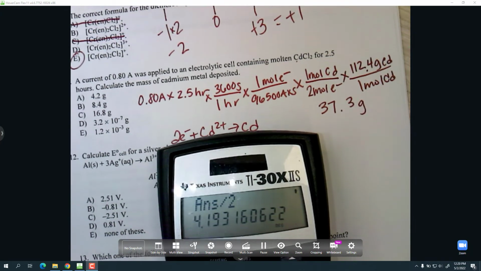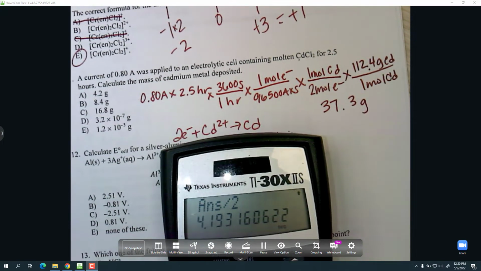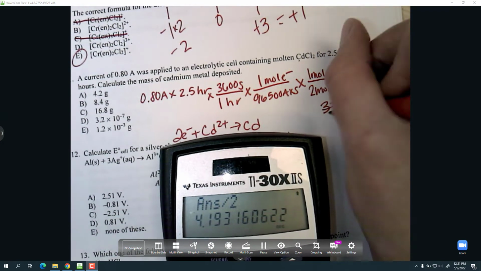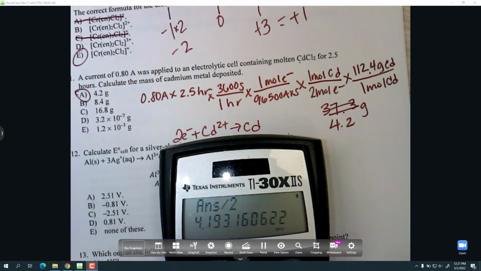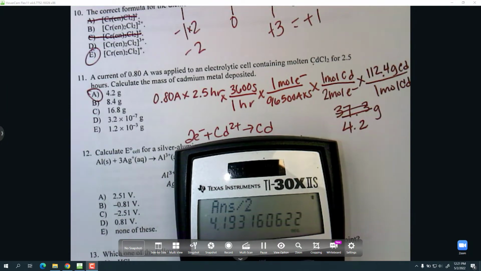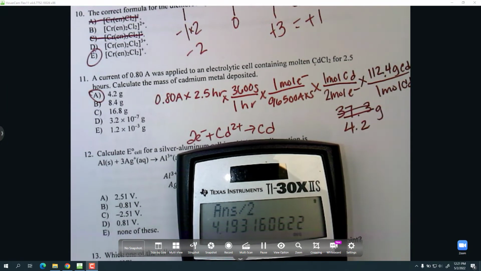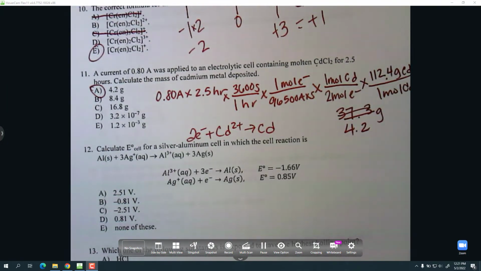Okay, I don't know what I did the first time. Maybe you saw it when I put it in my calculator wrong. I obviously made a calculator error. I just put the same numbers in again, and I got 4.2 this time. So I get A, which is the correct answer. My setup was correct.